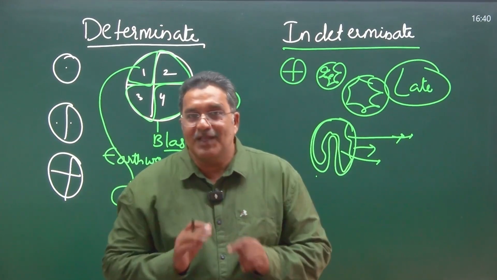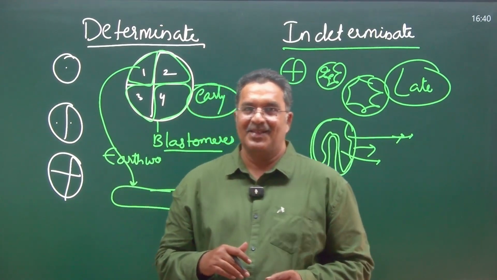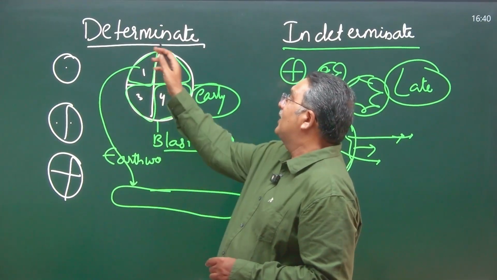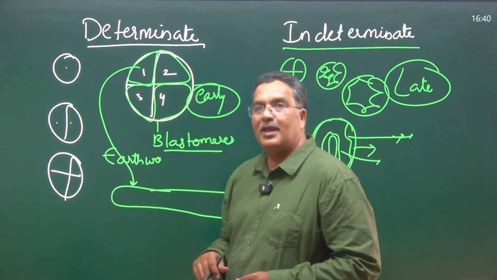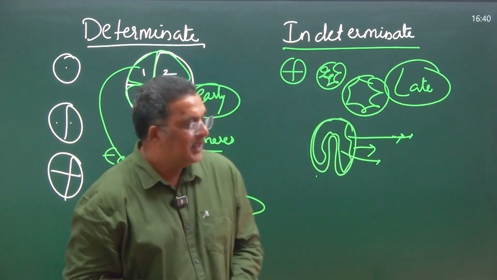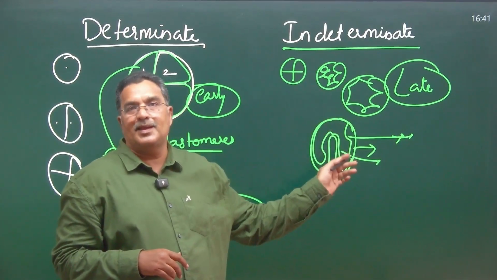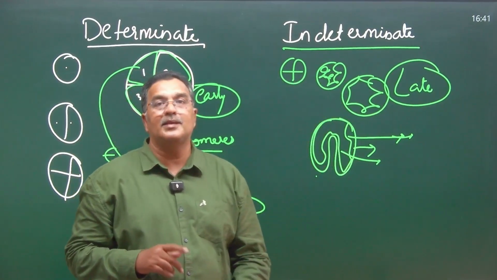So the question is, when do they decide? If they decide in the early stages, we call it determinate: fate of the blastomere decided early in development. If they decide a little late, fate of the blastomere decided late in development, we call it indeterminate.